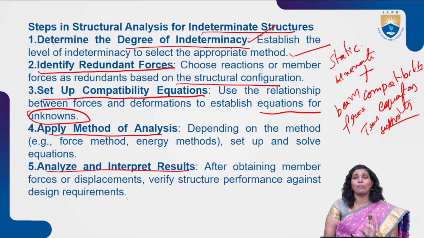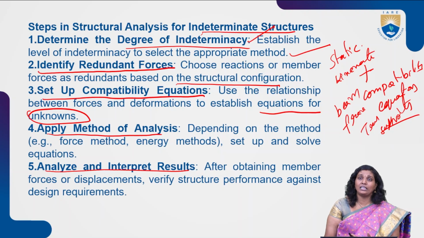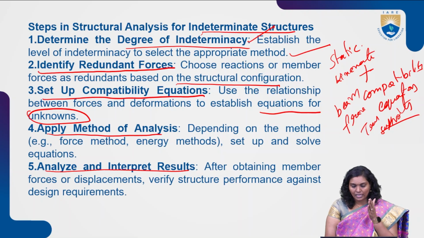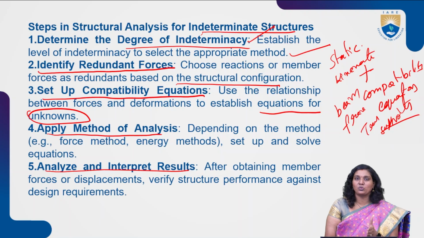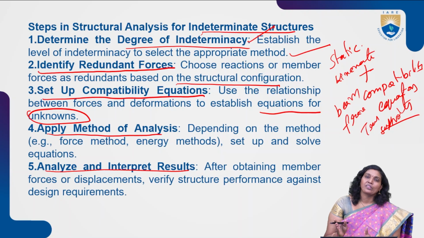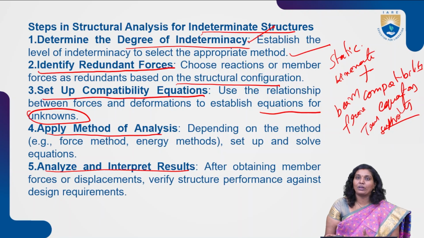These are all the parameters for choosing the method. Whether it is the force method, displacement method, or energy method, it depends. Each method has its own calculations for identifying the unknowns. So first we have to understand the degree of indeterminacy, identify the redundant forces, and set up the compatibility equations using the relationship between the forces and the deformations.